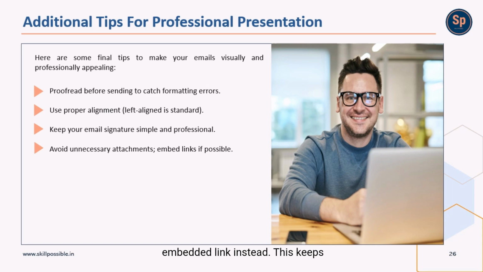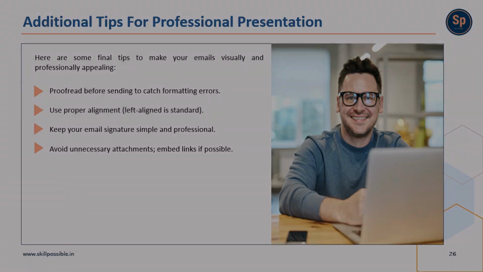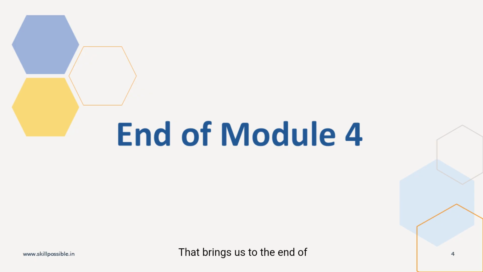Whenever possible, embed a link instead. This keeps your email lighter and easier to manage. These small but thoughtful practices help ensure your emails are not just well-written, but also well-presented, leaving a strong and professional impression every time.